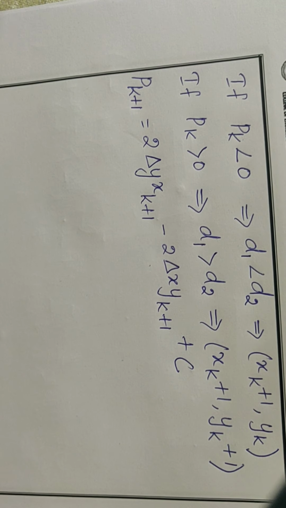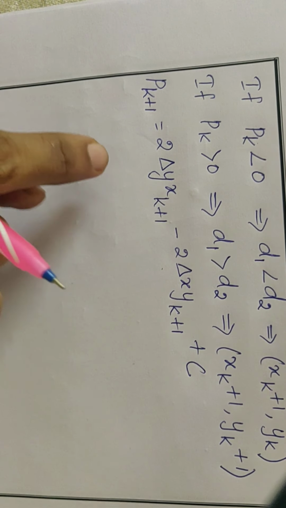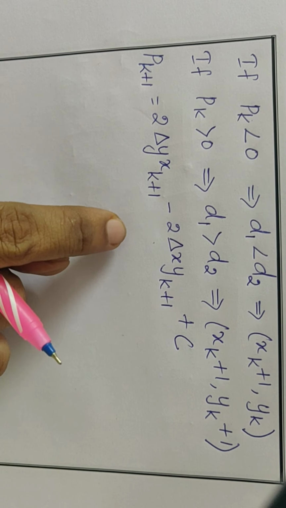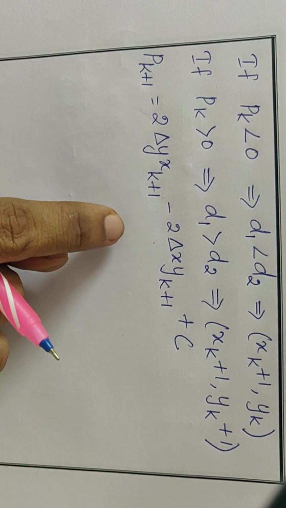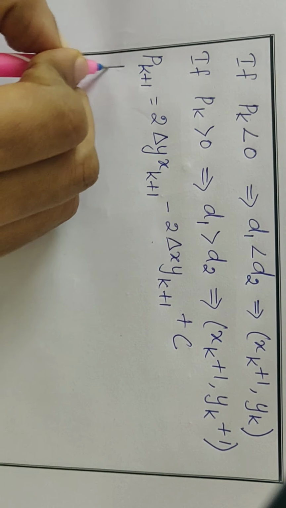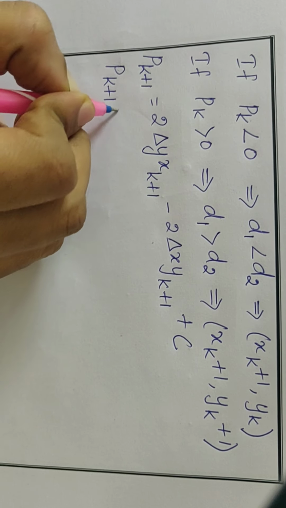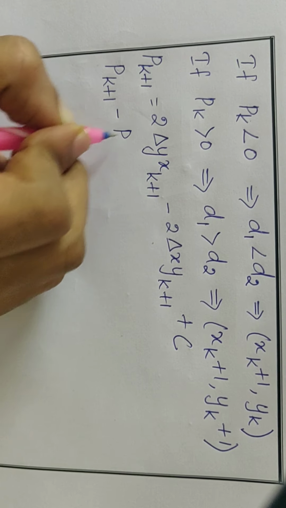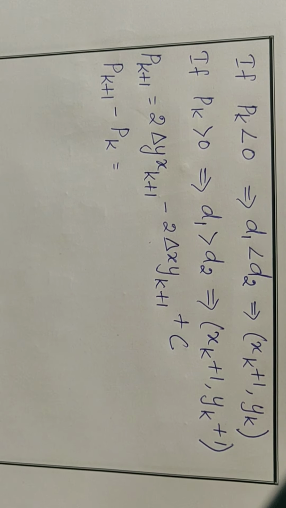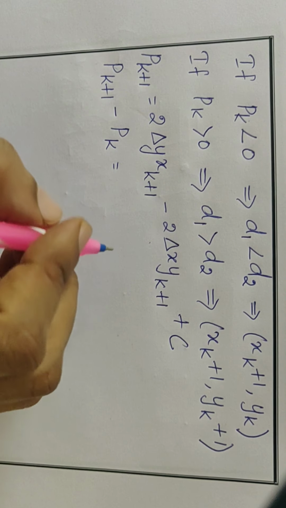So I have written my pk plus 1. Now this won't be the correct pk plus 1. Every time I should find the pk plus 1 value with respect to the previous pk. So pk plus 1 minus pk.